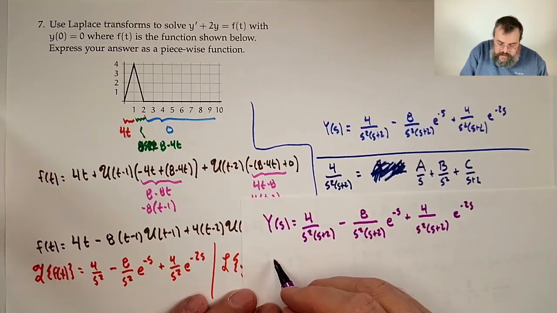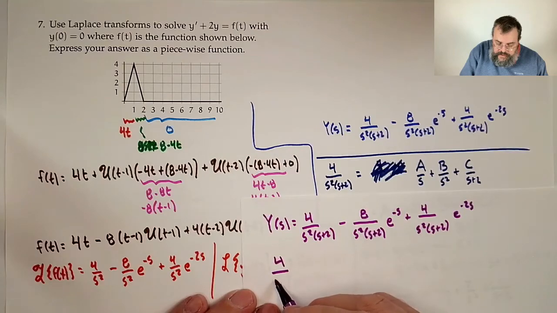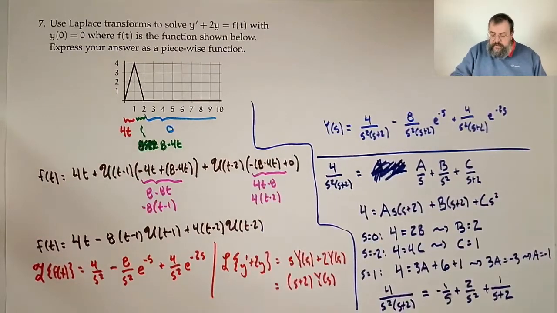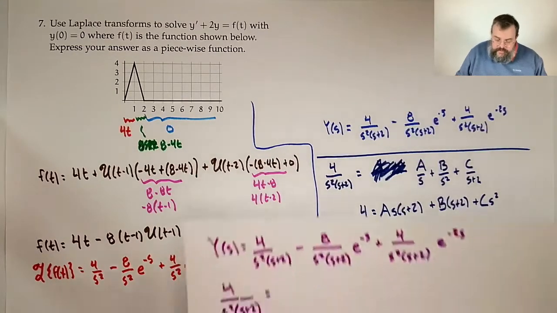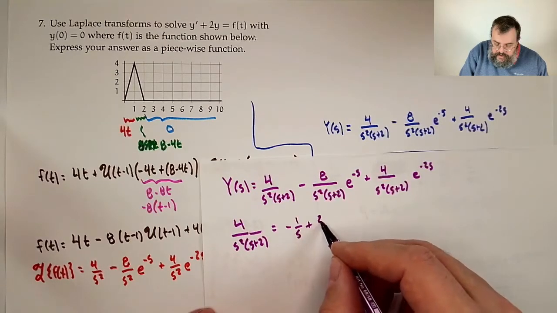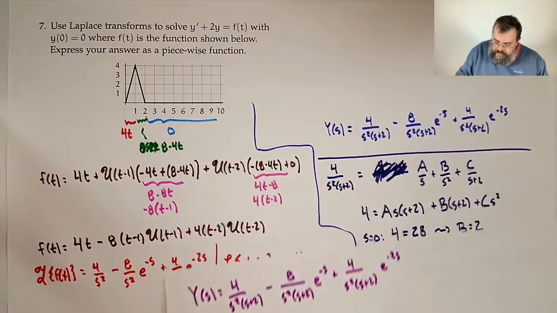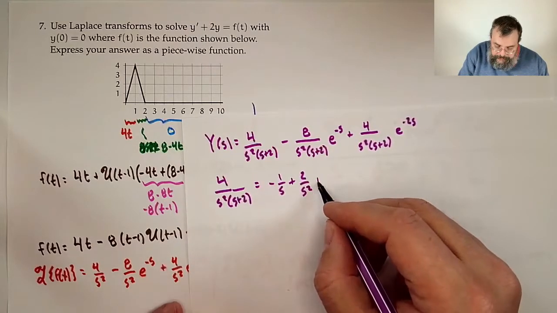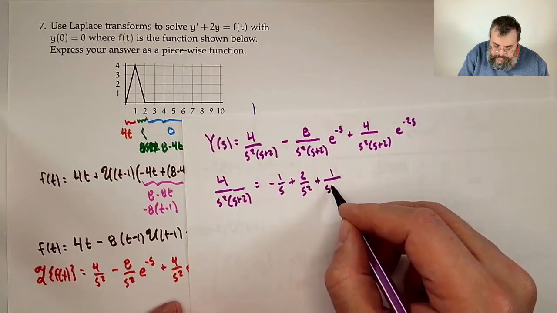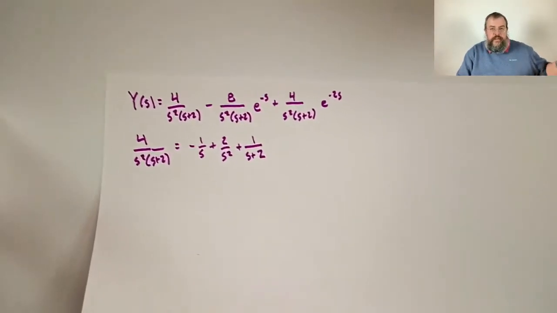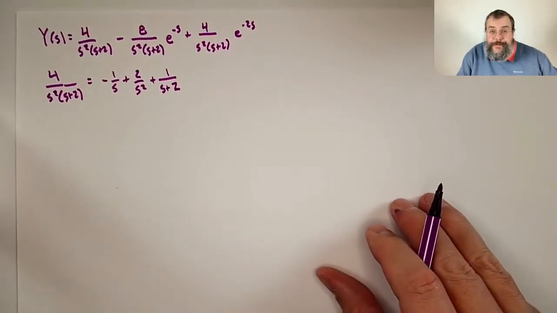And the other thing is we've also figured out that 4 over s squared times s plus 2 was equal to, it's this part right here, minus 1 over s plus 2 over s squared, and then plus 1 over s plus 2. All right, so that's what we have. I'm going to put this to the side, and we're going to continue.